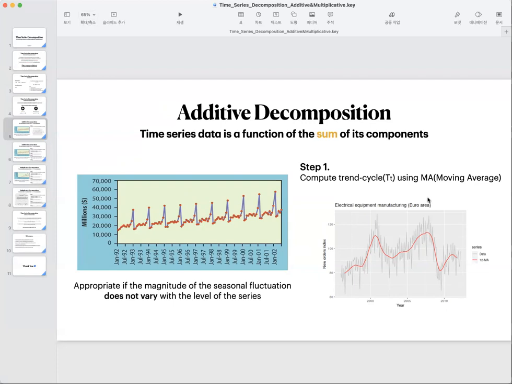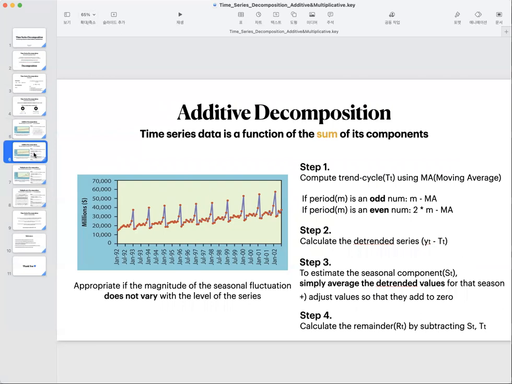In this way, randomness of individual observations can be alleviated to derive an overall, smoother trend like this. The size of the order is determined according to the period set in the time series.